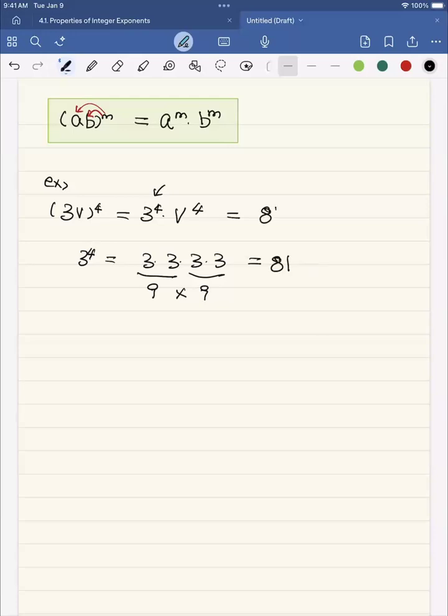So 81 times v to the fourth power. You can use a non-graphing calculator for the calculation of 3 to the fourth power. However, I expect you to calculate this type of simple multiplication without using a calculator.